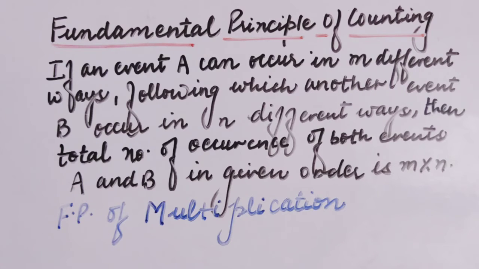It means associating again with that example, what will be the total number of ways to enter and exit the cinema hall? So that will be m cross n, or we can say m into n, or in that example 3 into 2, that is 6. So this is our fundamental principle of counting, or we can say the fundamental principle of multiplication.